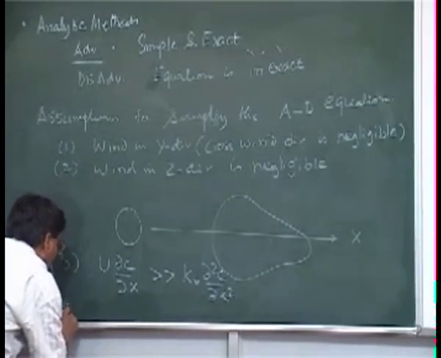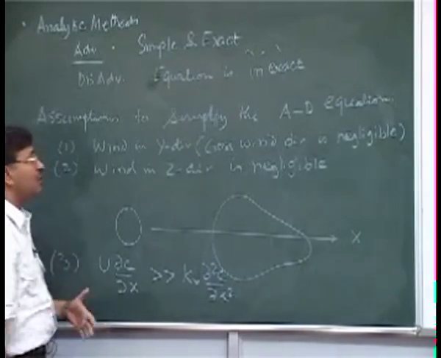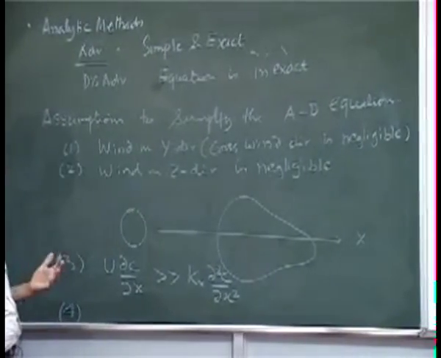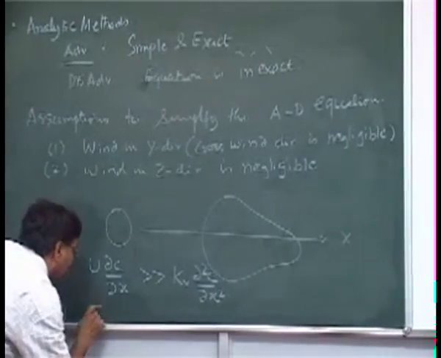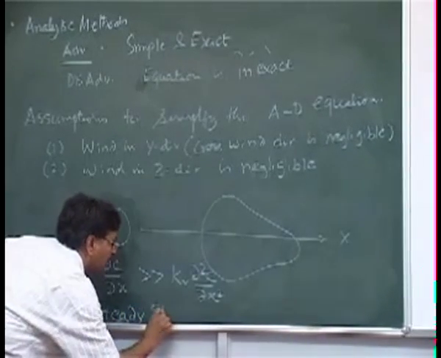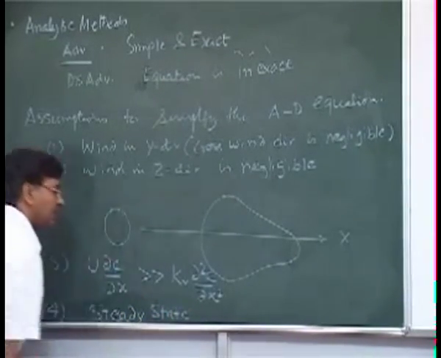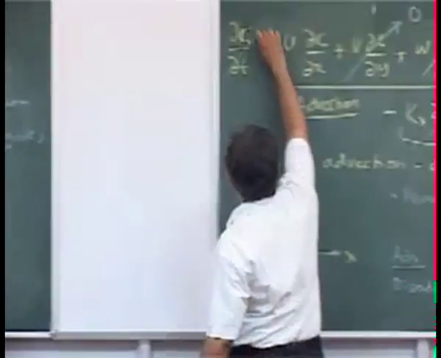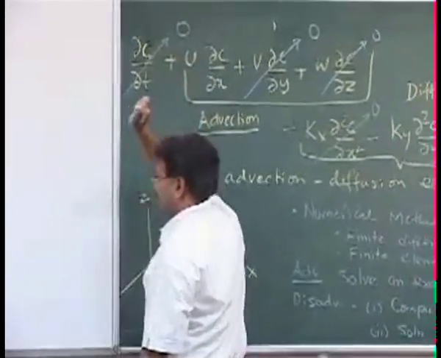Fourth assumption, because I must keep on simplifying until I can solve it. The fourth assumption I can say is steady state. Steady state condition, and you all know the derivative with respect to time should go to 0.